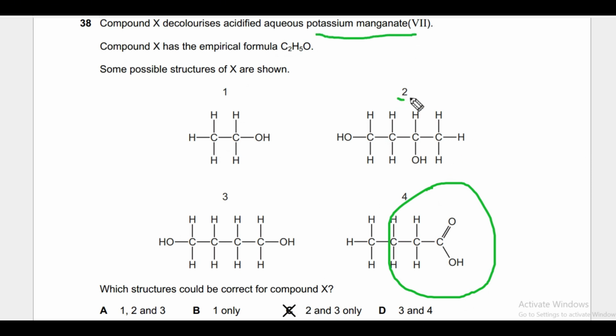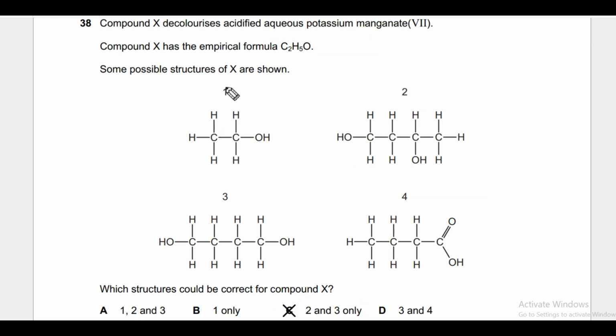So 2 and 3 are the right answer because 2 is an alcohol, and an alcohol is oxidized to aldehyde and carboxylic acid. This also is an alcohol, 3 is also an alcohol, and the empirical formula will be C2H5O. That's why 2 and 3 are the correct answer.